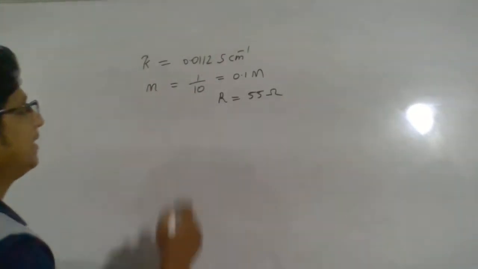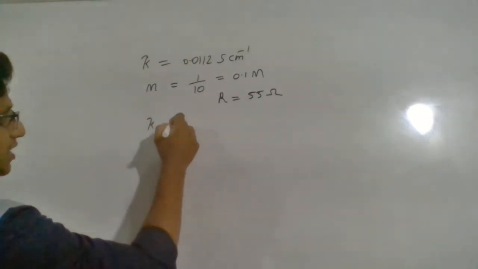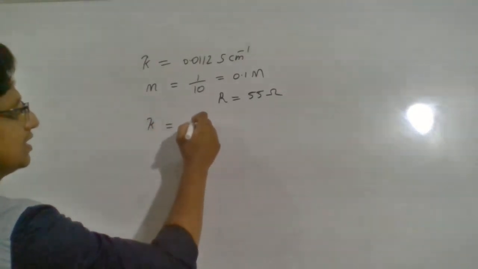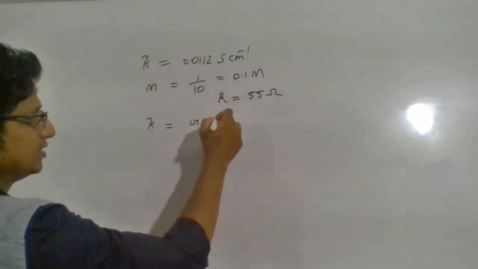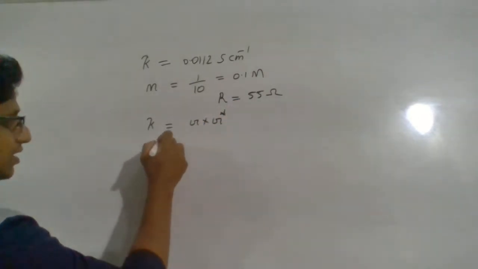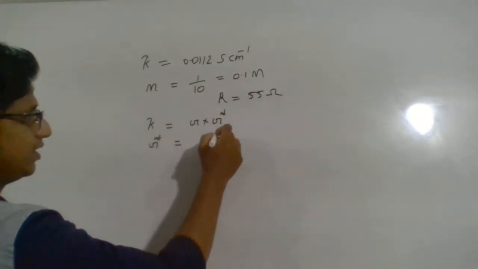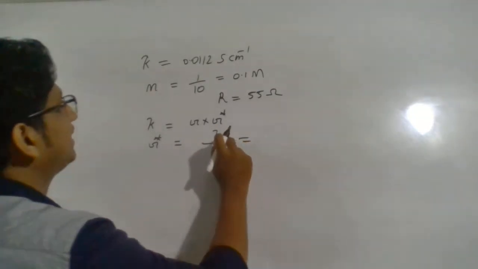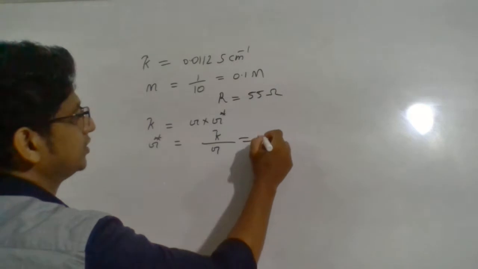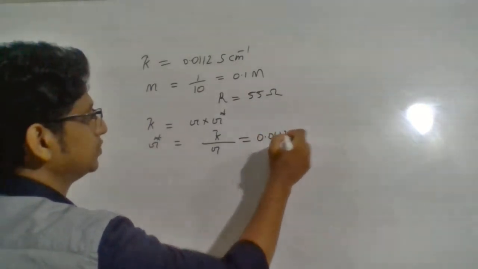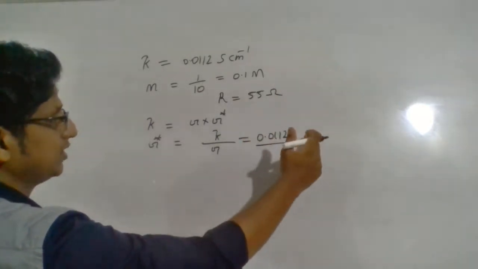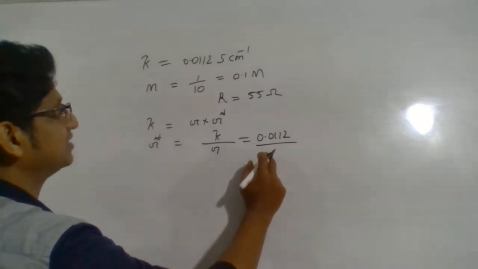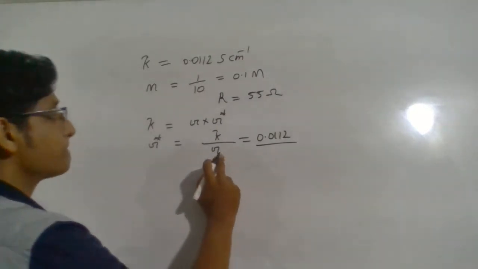So we have an equation: conductivity kappa is equal to conductance G into G star. G star is the cell constant. So to find G star, it is kappa divided by G, where conductivity is already given, 0.0112. Write the units as well. Divided by G, the conductance.